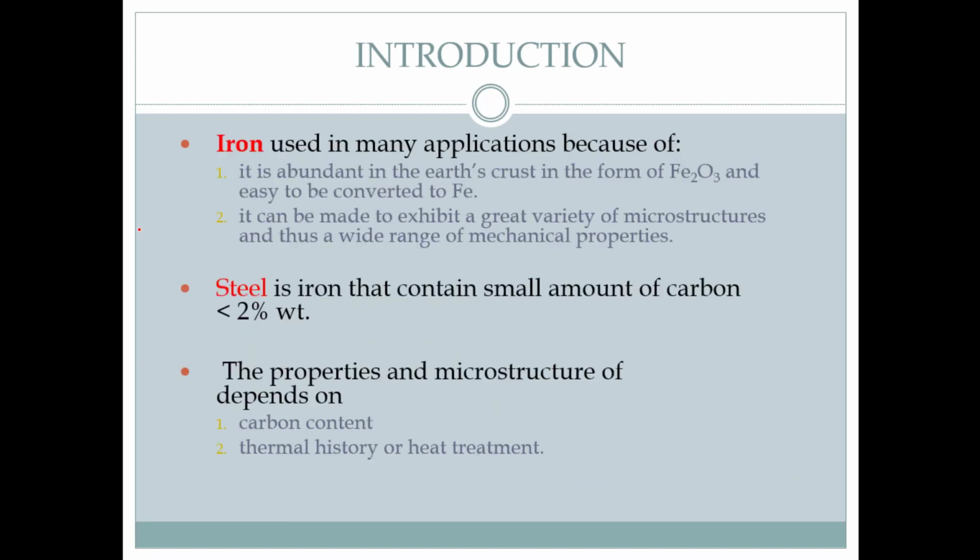Why? Because it is there everywhere. Okay, so usually you have heard a certain word which is iron, then you have heard another word which is steel. What's the difference between them? So iron is abundant in the earth, as we said, in the crust of the earth, in the form of Fe2O3, and it's very easy to convert it to Fe.